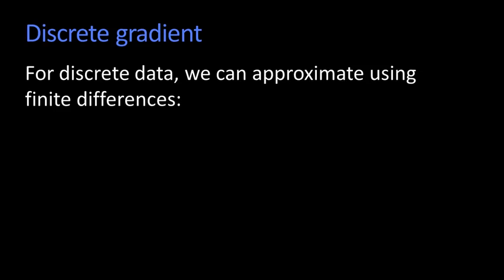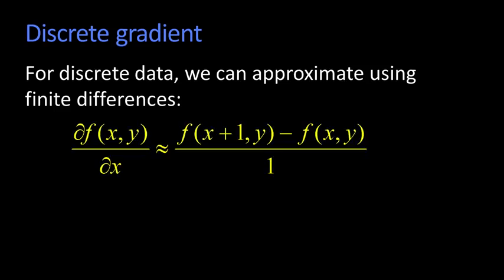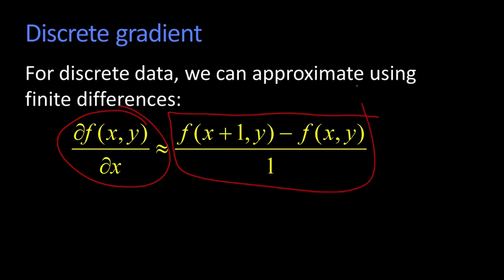But in discrete world, we can't move arbitrarily close. We have to take what are called finite differences. So we're going to talk about approximating our partial by some finite difference. The simplest finite difference is this one: I take one step in the x direction, and I see what the value of the function is, and I subtract off the original, and I divide by how big the step was.